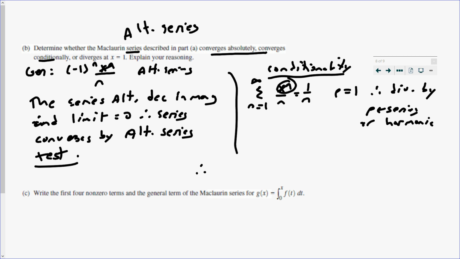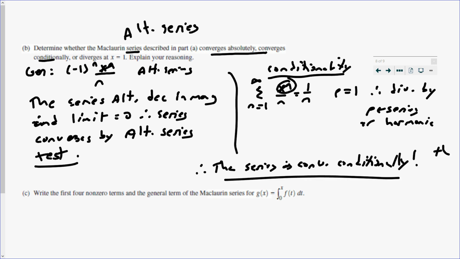So therefore, the series will converge if it alternates, but not converge if it does not alternate. So we say the series just converges conditionally, only if the signs alternate right there. And that's worth 2 points right here. Not bad.